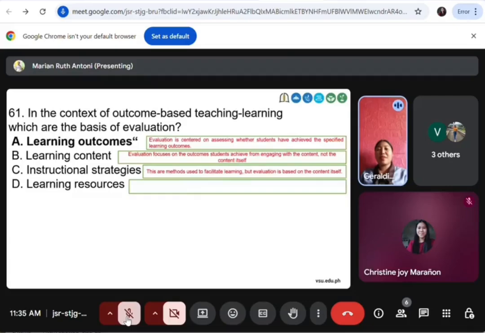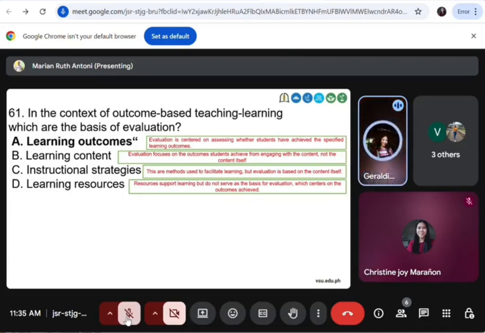And it is not letter C, instructional strategies, because these are methods used to facilitate learning, but evaluation is not based on them. And not letter D, learning resources, because resources support learning but do not serve as the basis for evaluation, which is centered on the outcomes achieved. Next item.